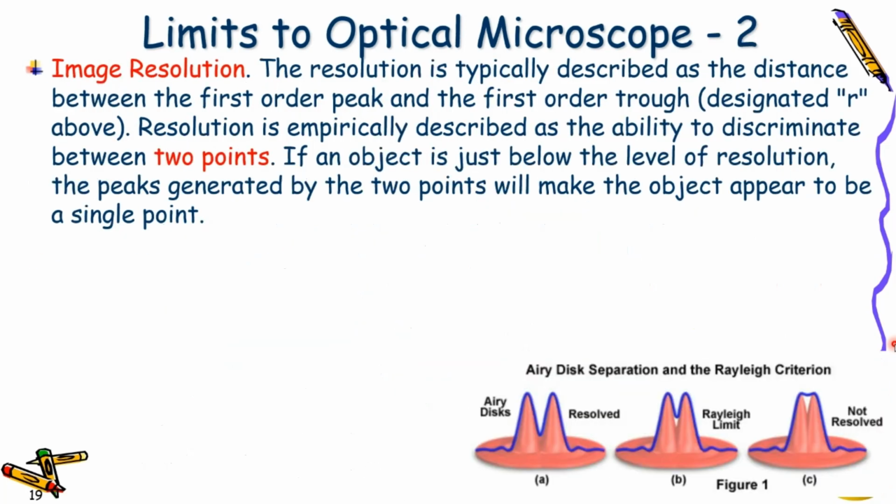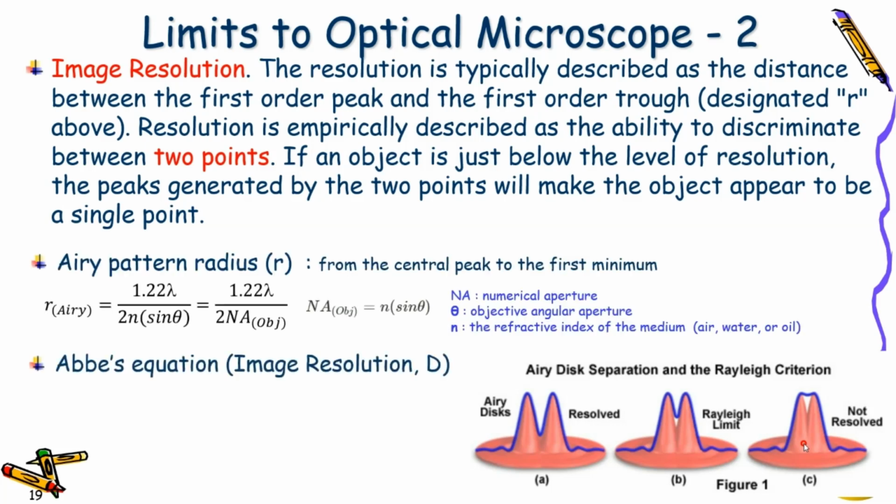However, if you have two spots very, very close, the Airy disks will overlap. So once these two spots are very, very close, they look like one in the optical microscope because of scattering. Okay, so that's why you have a limit for the optical microscope.